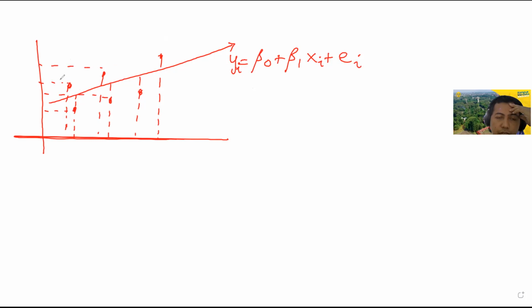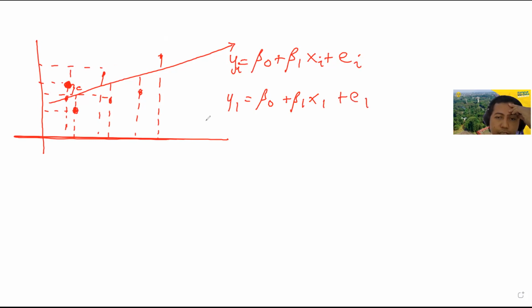Nah, misalkan kita ingin mendapatkan data Y ini, data Y, misalkan ini data pertama, bahwa Y1 itu sama dengan nilai ini ditambah dengan errornya. Nilai ini berarti kan sama dengan B0 ditambah B1 X1 plus error ke-1.